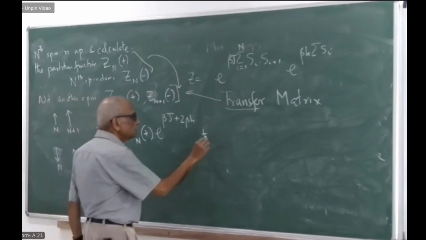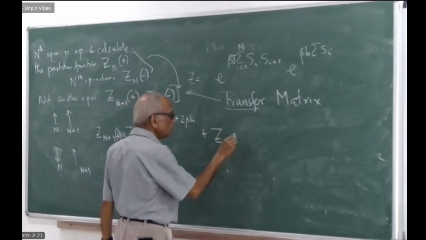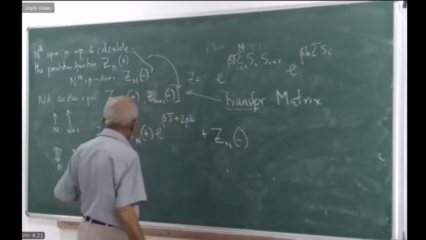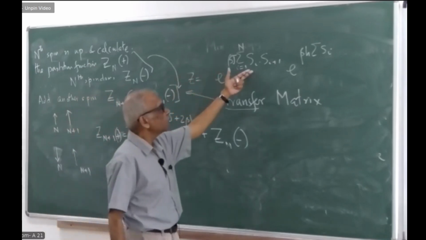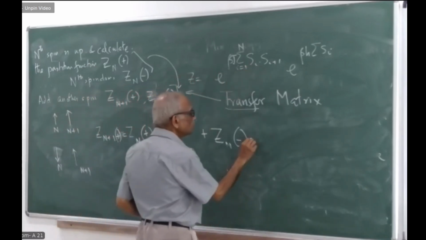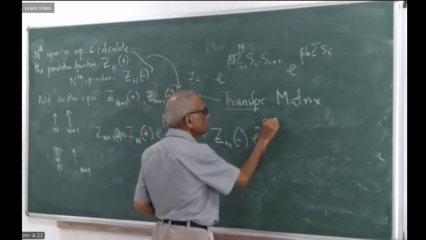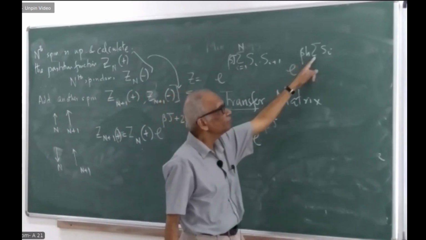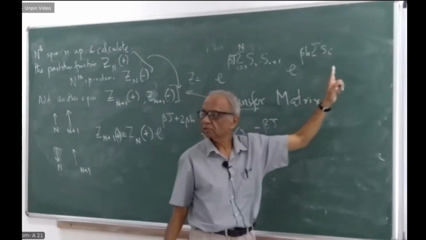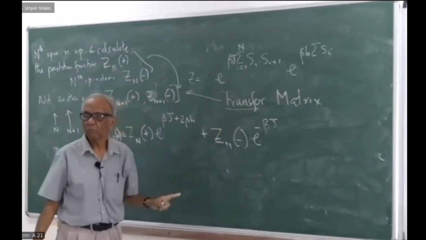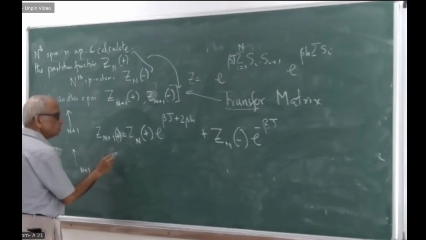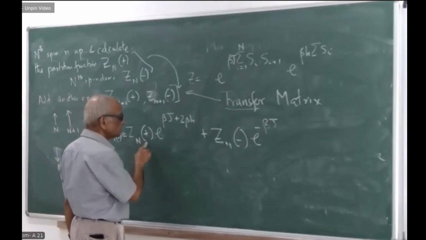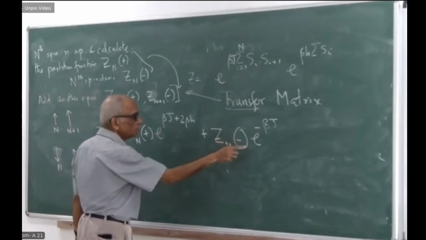So then it is Zn minus, and now the beta J, one of them is up and the other is down. So it is e to the power minus beta J, and over here it is 1 plus minus 1, which is 0. So this is Zn plus 1, which is Zn plus this into Z.